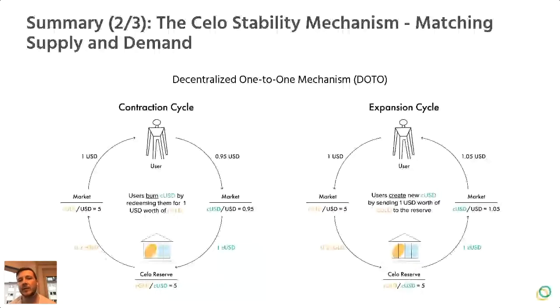This is one mechanism for how you could match supply and demand.